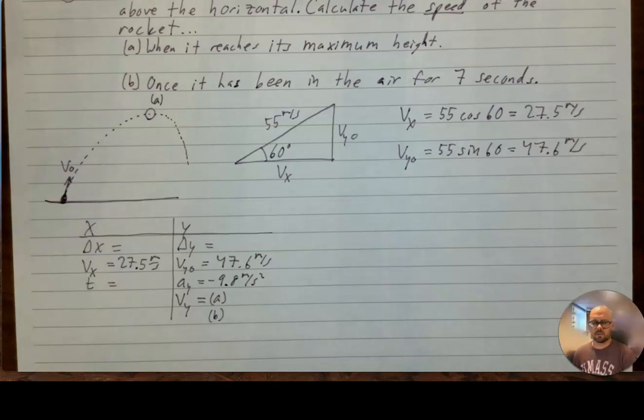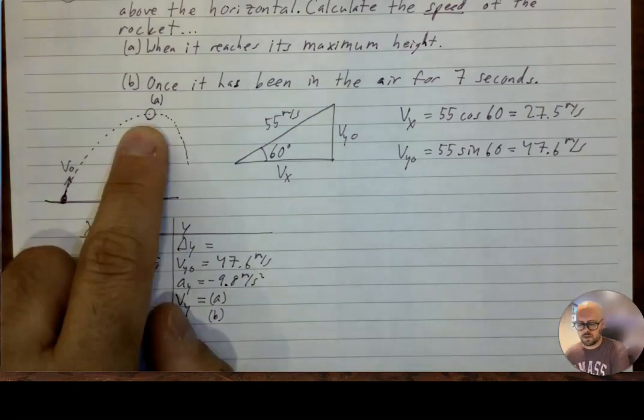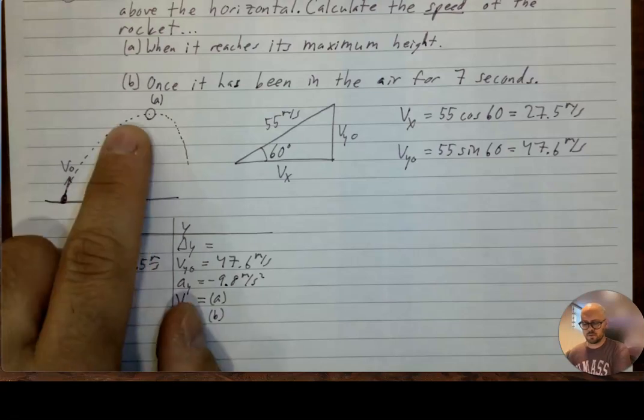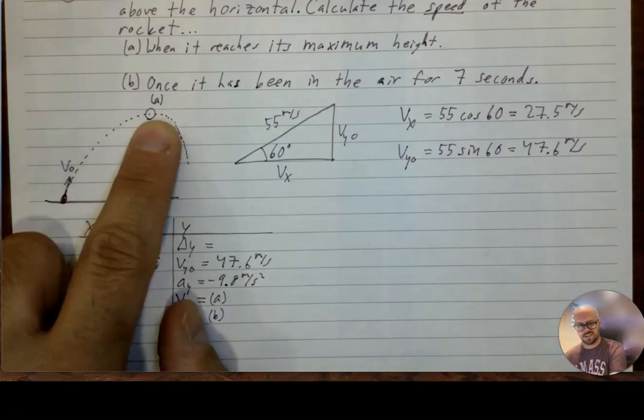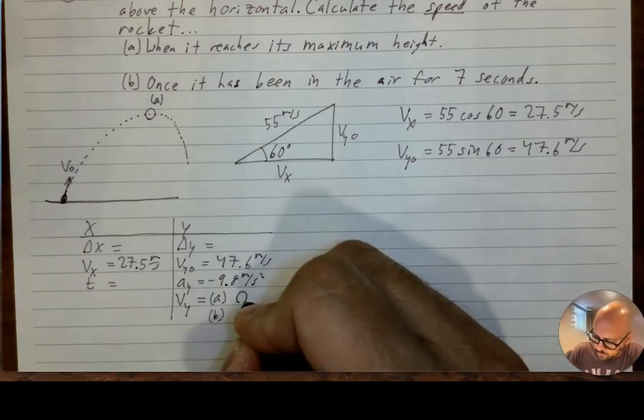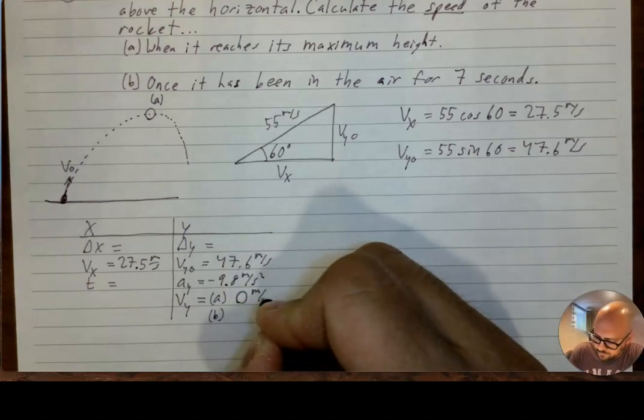When an object is in projectile motion, if it's on its way up, it's slowing down, and if it's on its way down, it's speeding up. The maximum height is the point at which that motion changes from upward to downward. So maximum height is when the velocity transitions from positive to negative, and at that moment in time, that vertical velocity is 0.